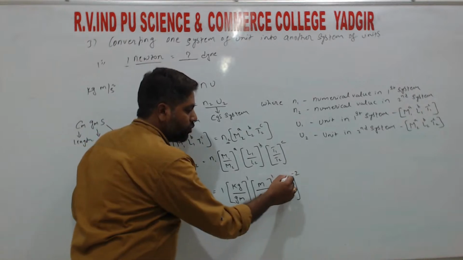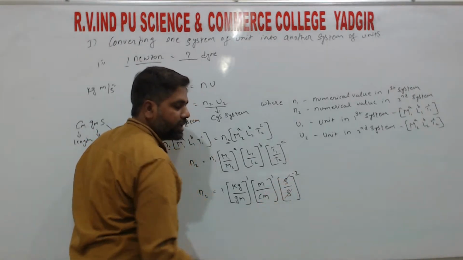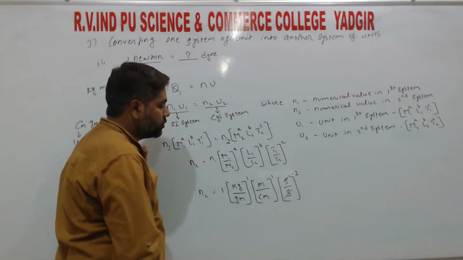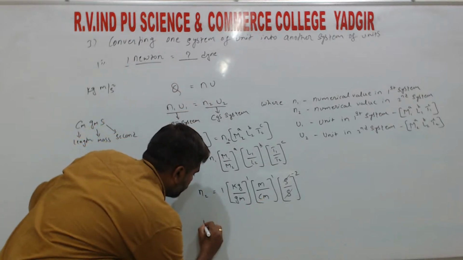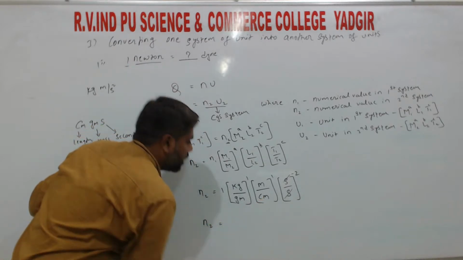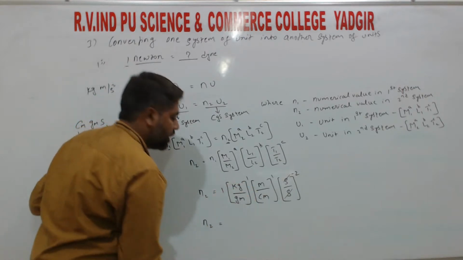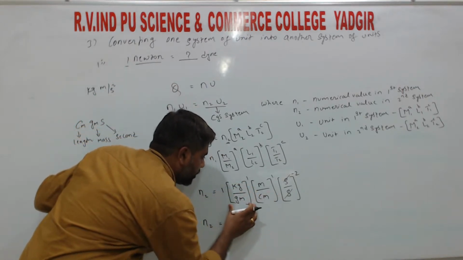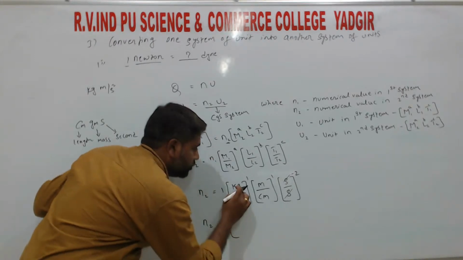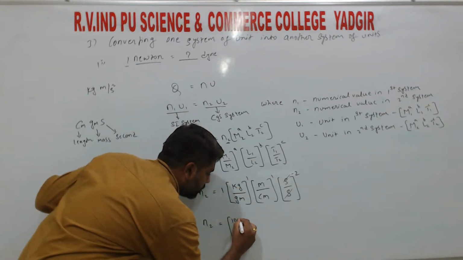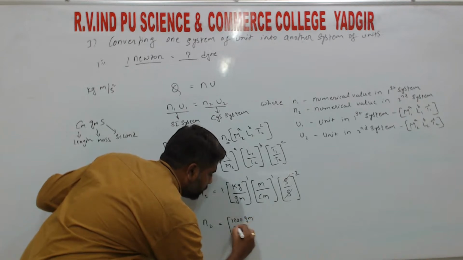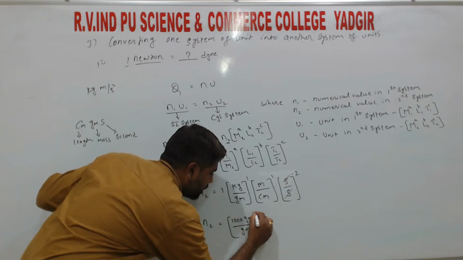So here in the numerator s and in the denominator s get cancels, right? So remaining these two. So n2 is equals to, either you can convert gram into kg or kg into gram, right? So 1 into this one is 1. So 1 kg is 1000 gram, divided by gram.